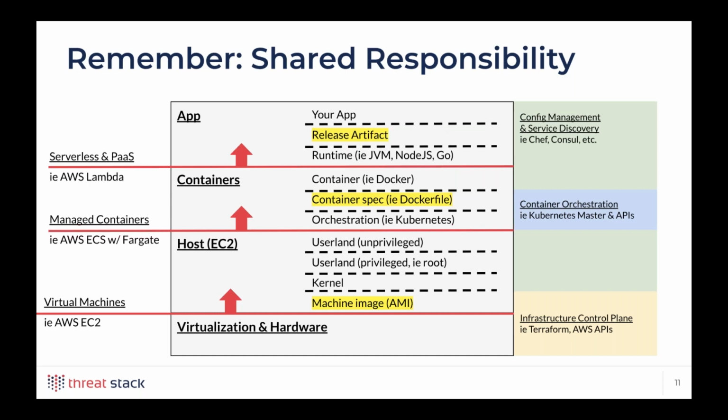Watching these control planes can also be an indicator when something is not right. For example, rogue containers or rogue pods could be an indicator that an attacker is attempting to spread that malware that we talked about in that build server attack. So you want to have visibility to each layer of the cloud stack. In addition, you want visibility to the control planes that interact with them. And much of this is your responsibility.